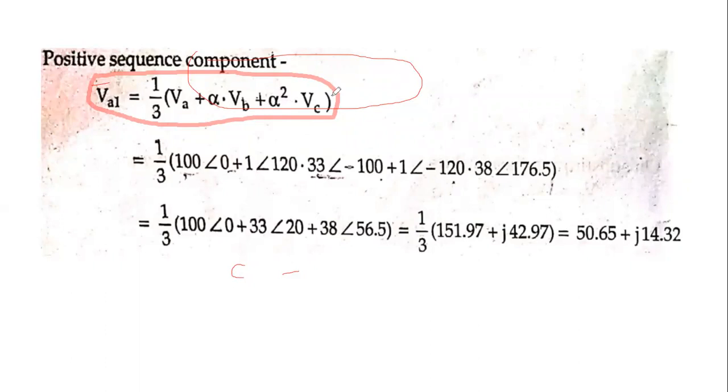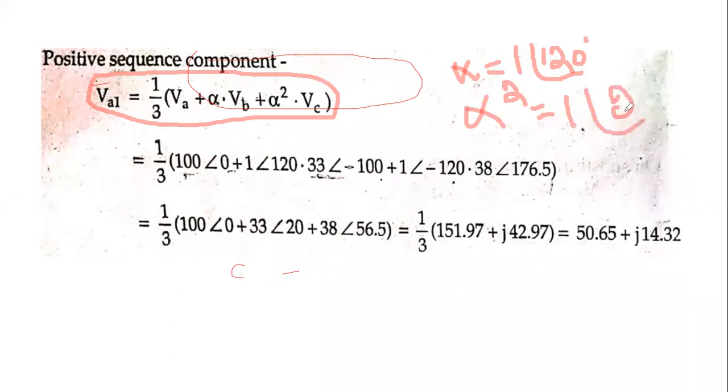First of all, we write the values for alpha and alpha square. Alpha is equal to 1 at an angle of 120 degrees, and alpha square is equal to 1 at an angle of 240, or 1 at an angle of minus 120 degrees.